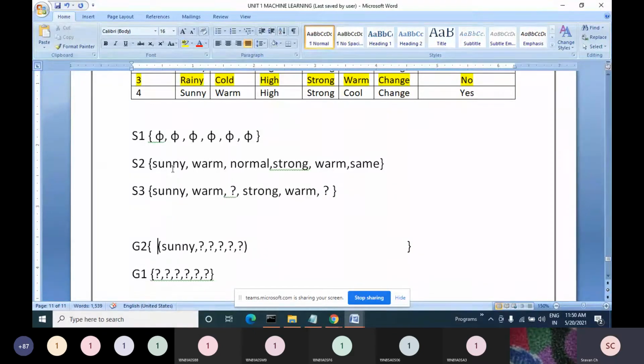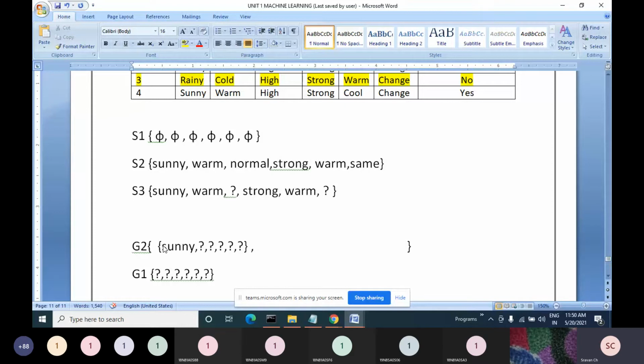If there is a mismatch, then I should take the first parameter value from my most specific hypothesis, not from the negative example. So I have taken sunny, and I should write it like this: sunny, comma, all remaining 5 question marks. So this is one hypothesis. Leave it.